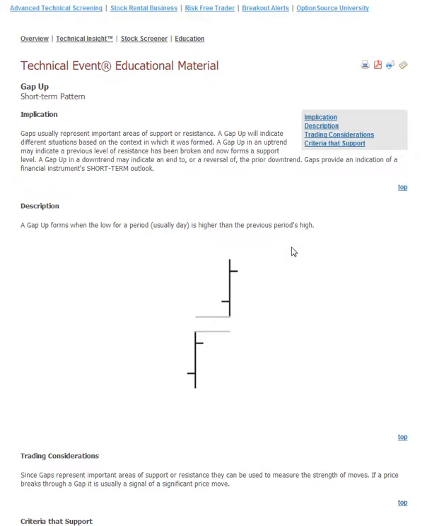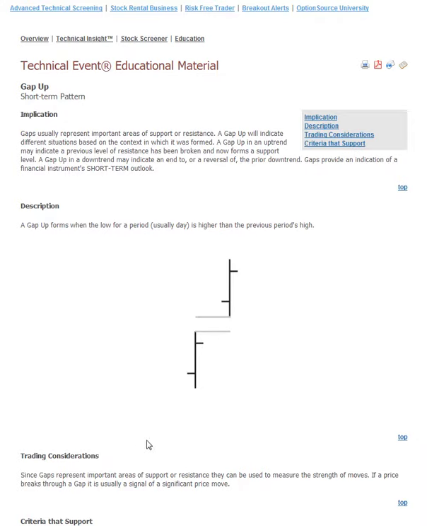And it's simple. A gap forms when the low of the period, usually the day before, is preceded by a gap higher, and the low of that preceding day is actually above the day before's high. The trading consideration represents important areas of support and resistance.